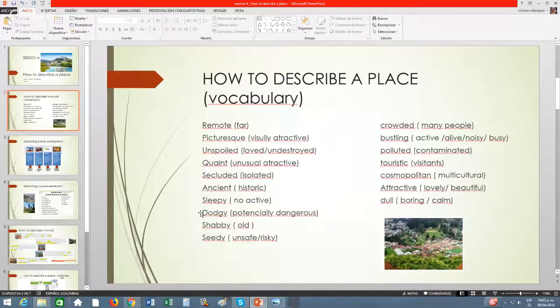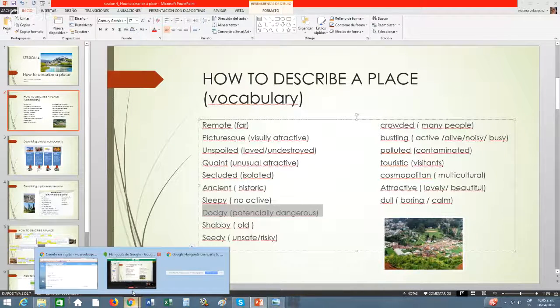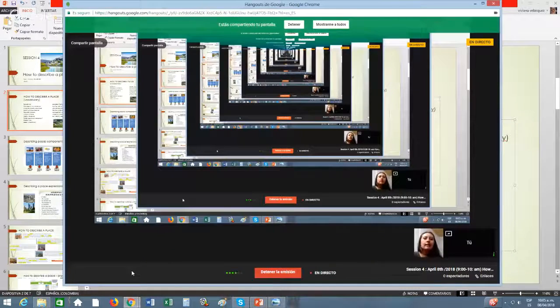Dodgy refers to a potentially dangerous place, right? Where you can see vulgar people on the streets. You've got poor people. You don't have much access to modern things, right? Sometimes it looks dirty, and it looks a little isolated from the others.